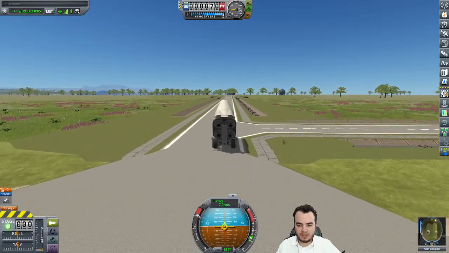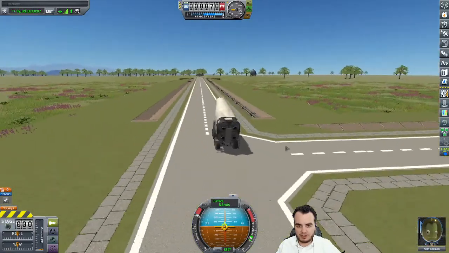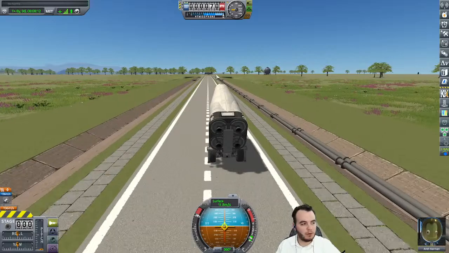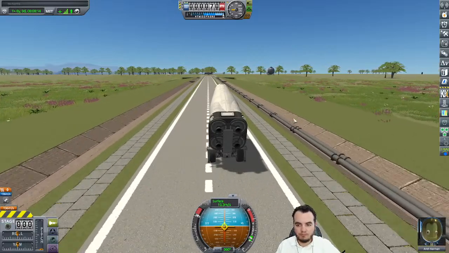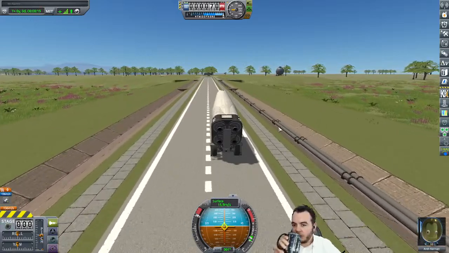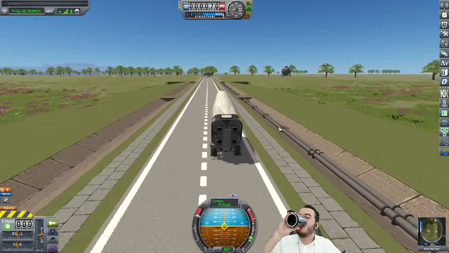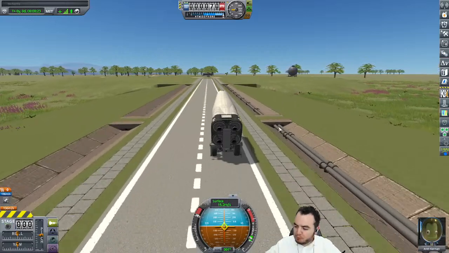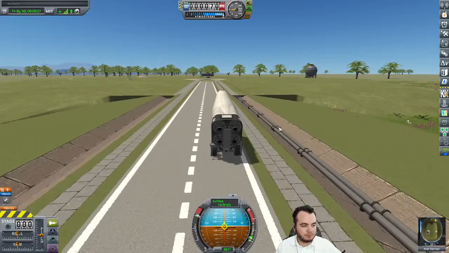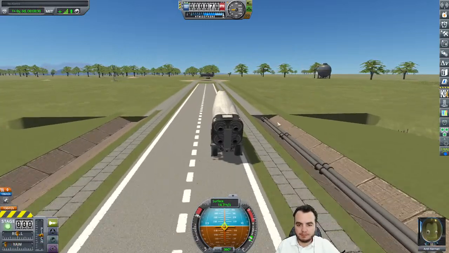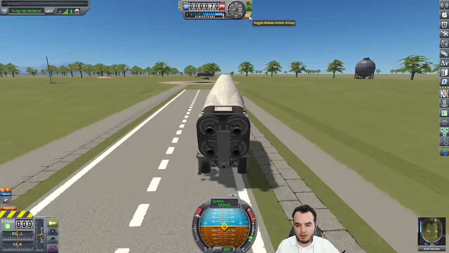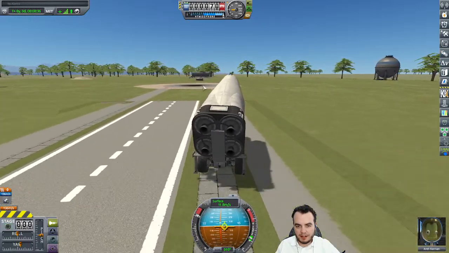We're going to move this over down the test range here onto our test pad. Our test pad will act as both the launch and landing pad. So we'll see what we can do with that. All right. I think I want to bring it over this way, and we'll line it up this way with the pad.